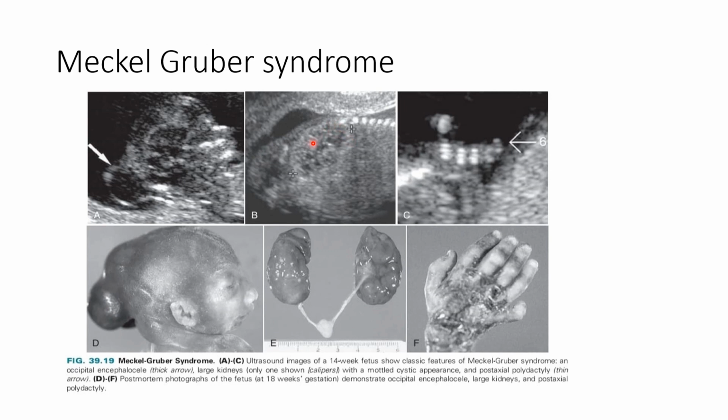We can see multiple microcysts present in the kidney with increased echogenicity. This is the gross image showing the same, and we can see postaxial polydactyly. There is an extra phalange present on the postaxial side. This is the gross image showing the same.